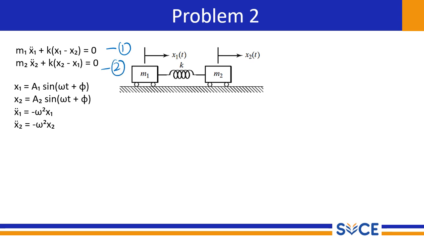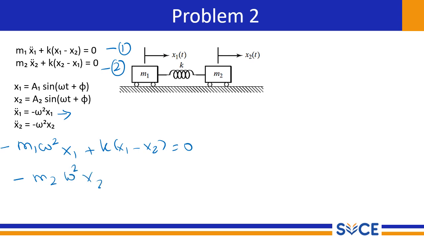So it is m1, and x1 double dot becomes minus omega square x1, plus k (x1 minus x2) equal to 0. Similarly, m2 times minus omega square x2 plus k (x2 minus x1) equal to 0.